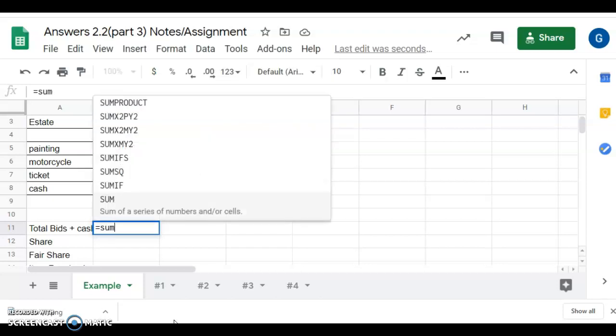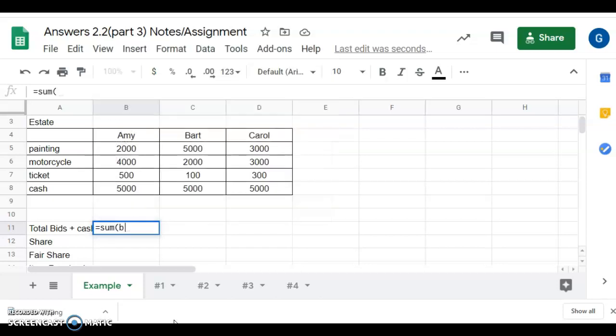So I'm going to say sum of, and then that first cell is B5. So you can see the one highlighted in orange. B5 is the first one I want to start with, and I'm going to add all the numbers from there to B8. So I'm going to put a colon B8, and that will add all 4 of those boxes. Okay, in parentheses, and then just push enter.